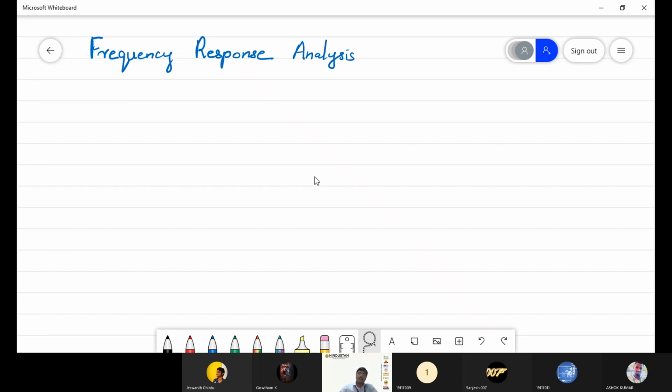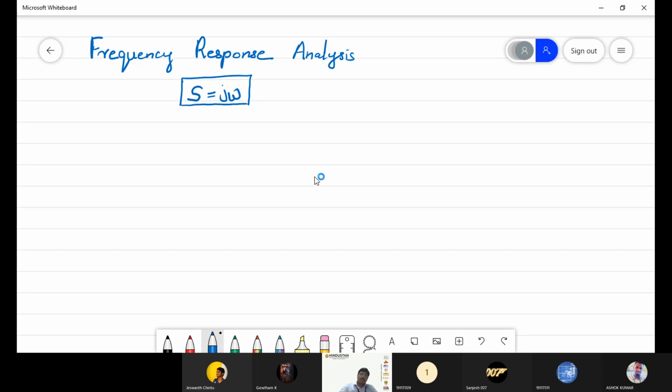The main thing we are going to do, listen: wherever the S domains are there, that will be replaced by the sine term. What actually we are doing is substituting S equal to j omega. This is one important thing, that we need to convert this S domain to the sinusoidal domain.